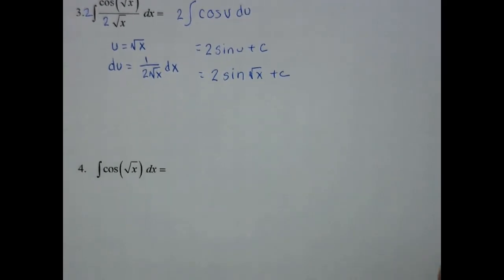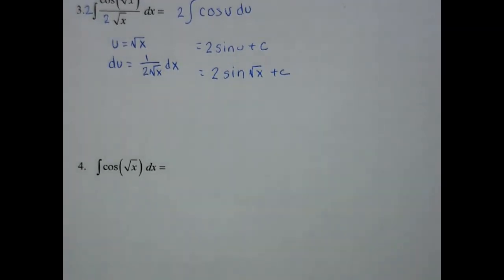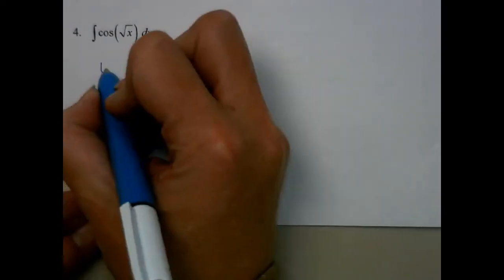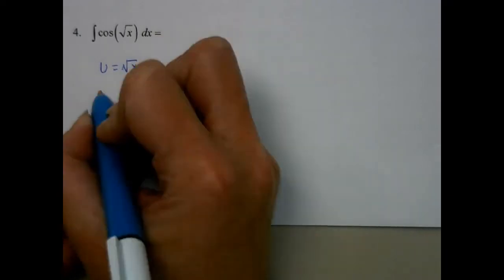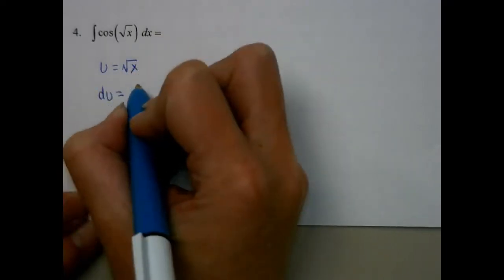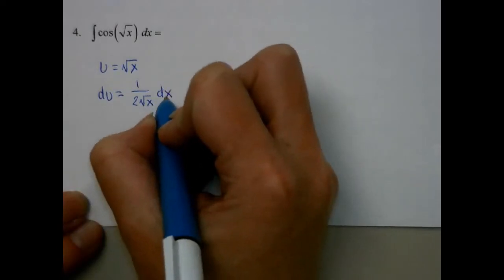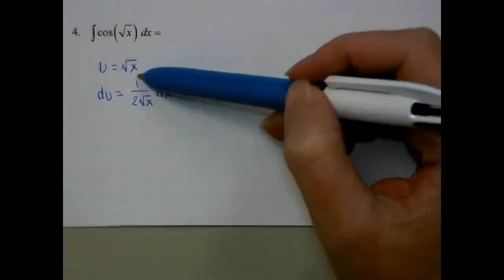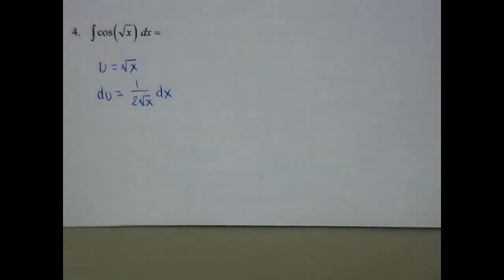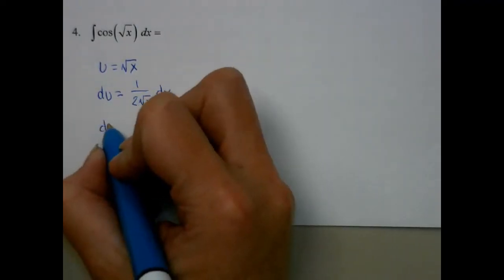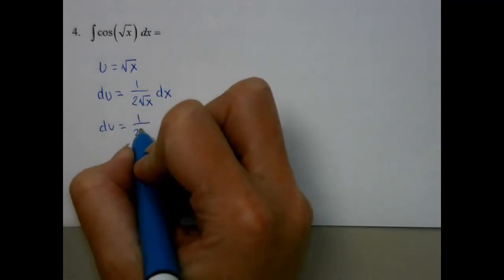The second one, I am still going to do the square root. Okay, but in this case, I don't have this in the problem. But with this root, x is u, so this is really 2u over 1, 2u dx.